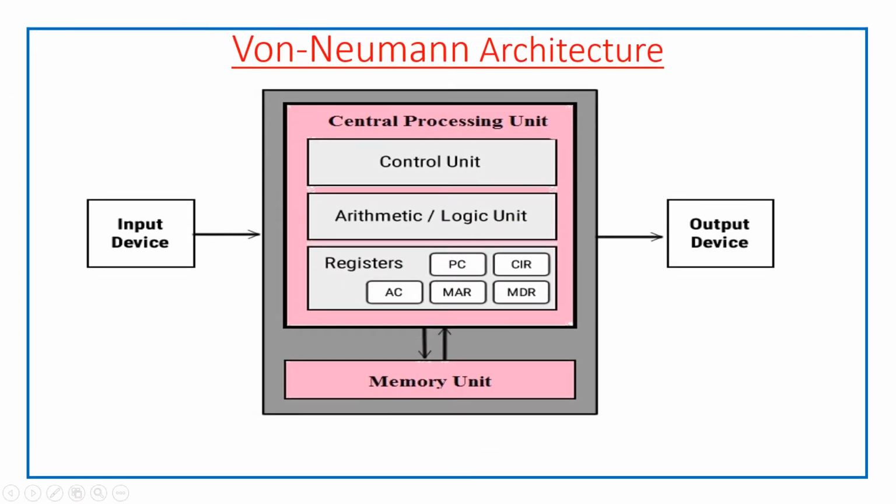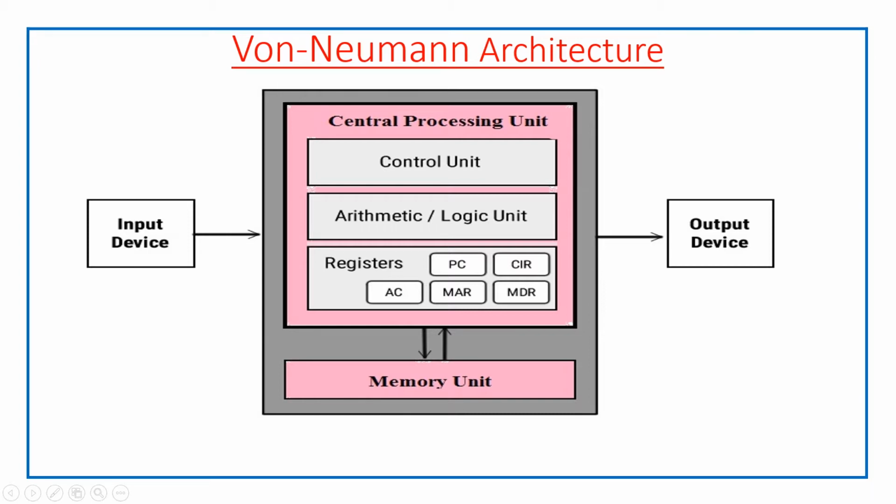Now in this slide we will see the architecture. What does the von Neumann architecture look like? We can see here an input device, an output device, a central processing unit which consists of the control unit, arithmetic logic unit and registers, and another unit, the memory unit.